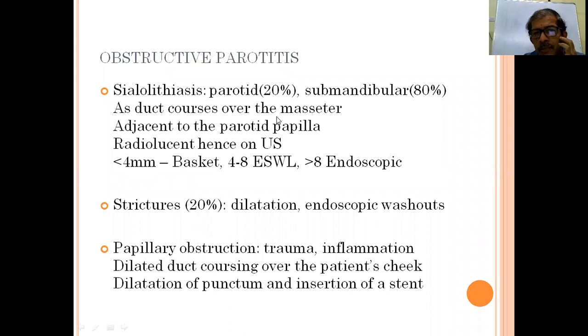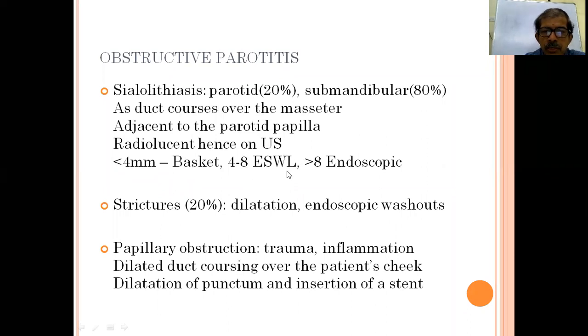You can roll the parotid duct. If the stone is small, you can take it out by Dormia basket, otherwise it may have to be broken down by ESWL or endoscopic methods. You can extract the stone.